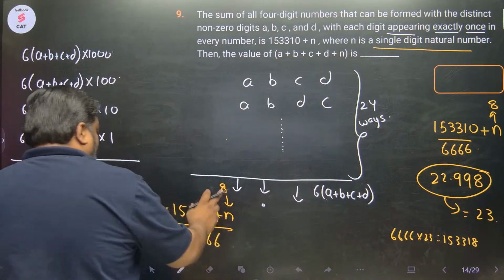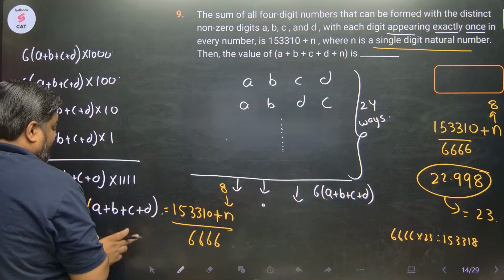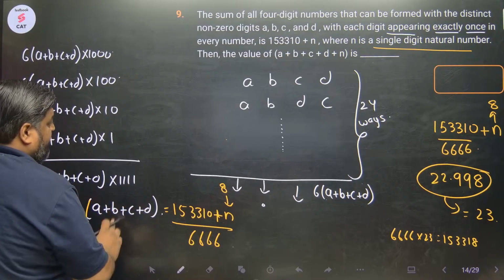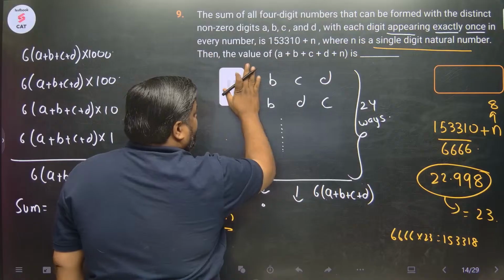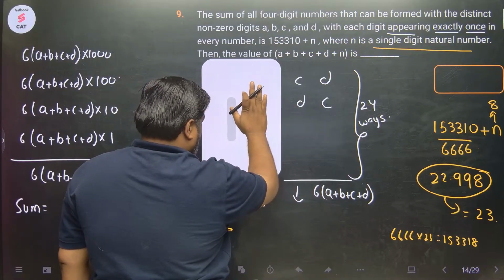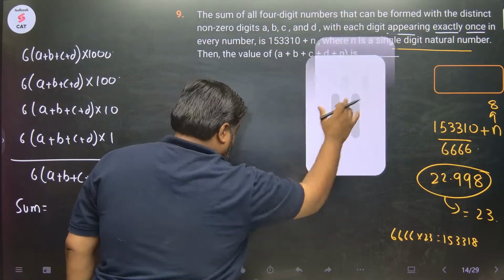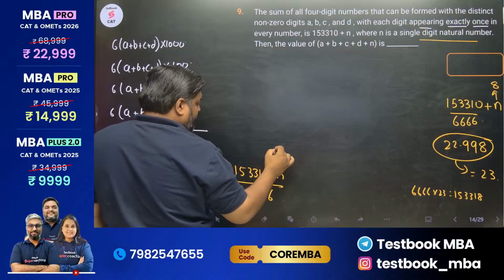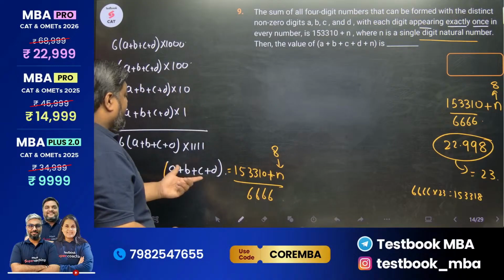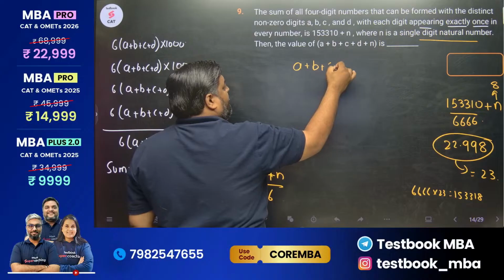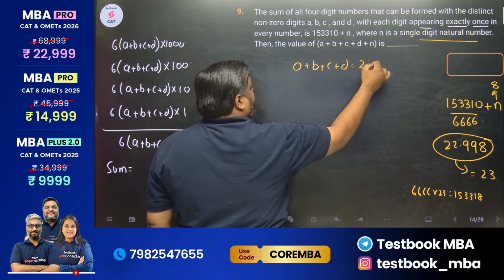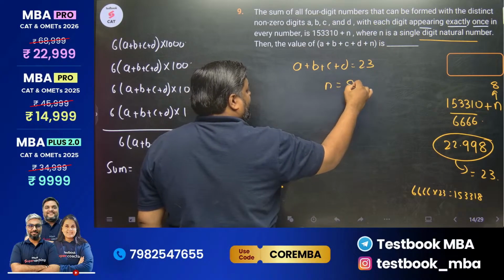So I'll put n as 8 and then a plus b plus c plus d would be 23, and n is 8.